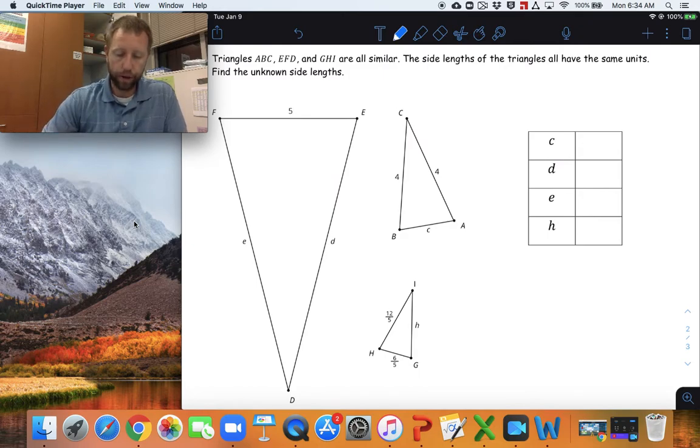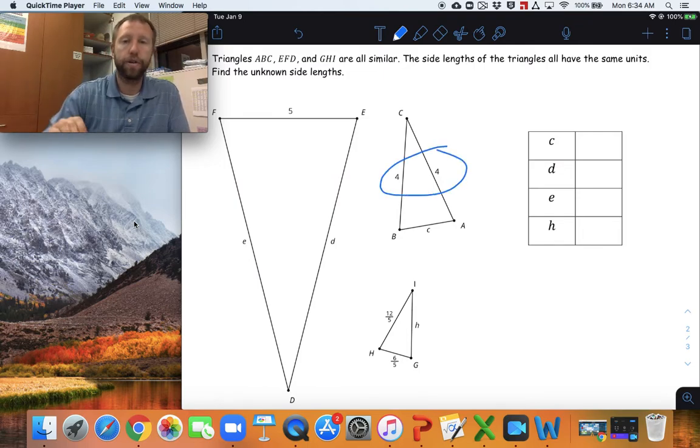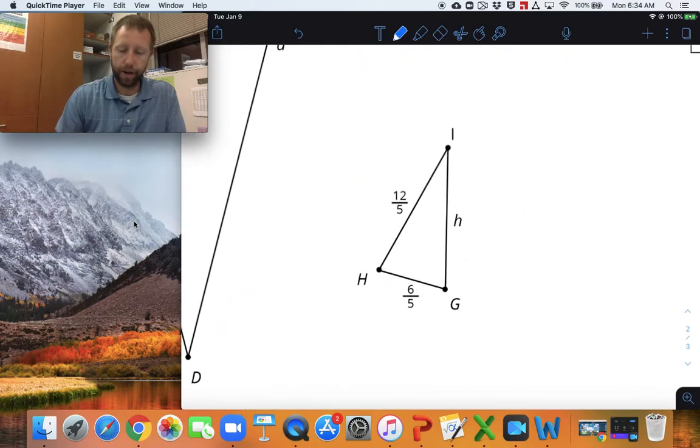So I'm going to look for what triangle has both side lengths. If they're all similar, the first triangle that pops out to me is this triangle ABC. The reason it pops out to me is because it has these two side lengths. So you can see there both sides are the same, which means for this smaller triangle GHI, I know this side length is also 12/5.